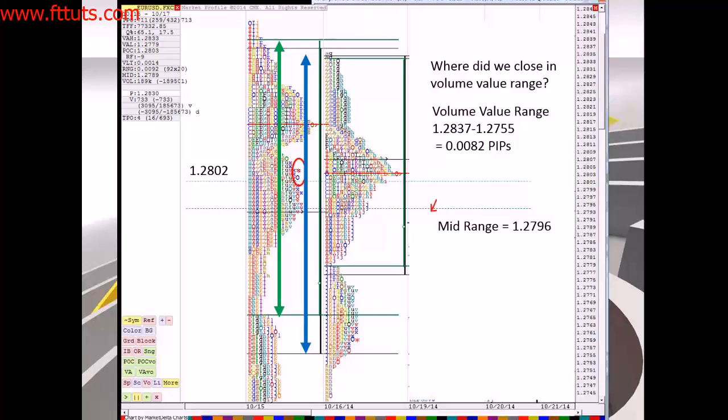And so we were in fact a little bit higher, and we were above both of them. And this reaffirms what we said earlier. That's why there was a greater probability that we would head and test the higher limits before we test the lower limits. So both for the volume and for the activity range, the close was still above the mid-range of both.